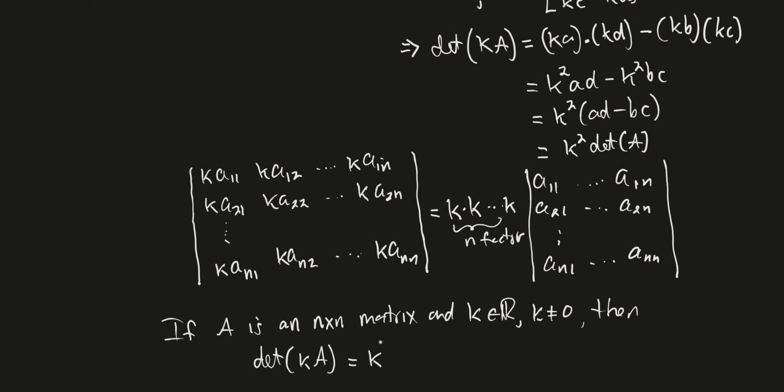So it's going to be k to the n times the determinant of the original matrix, right?